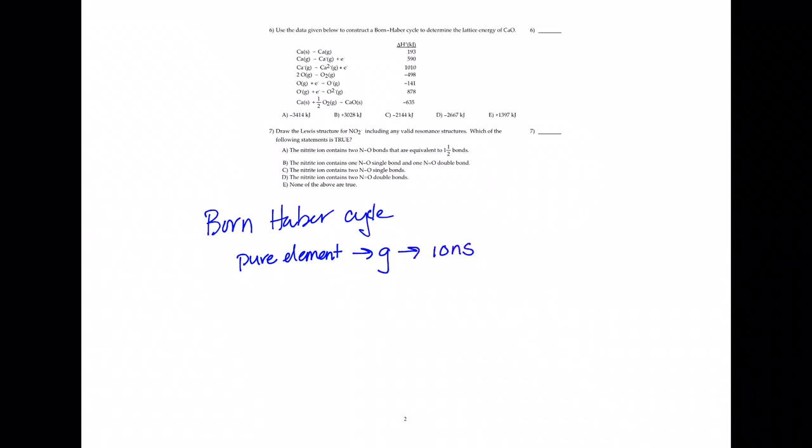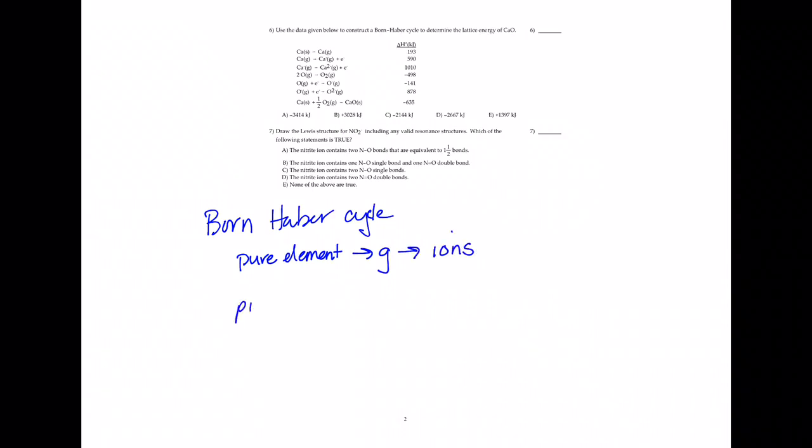So to review, the Born-Haber cycle is basically going from the pure elements and making them into a gas, and then making them into ions.